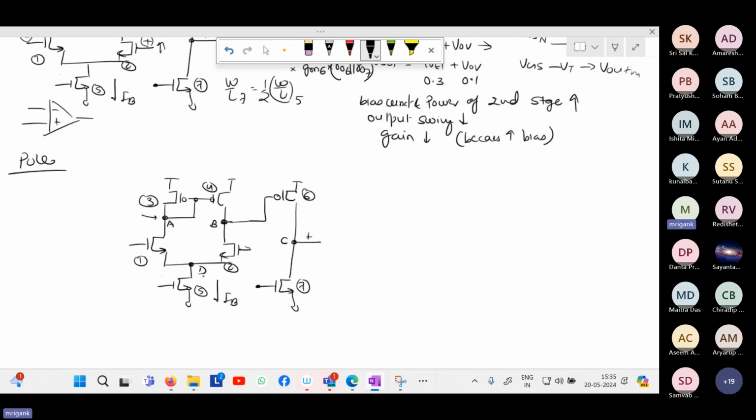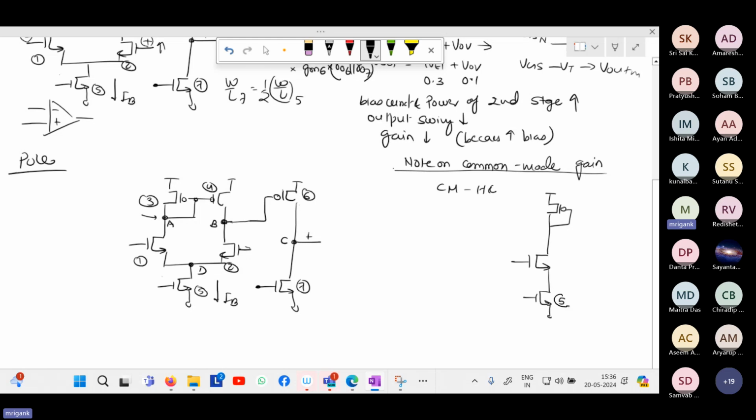What is the common mode half circuit? Is this clear? This is the common mode half circuit.